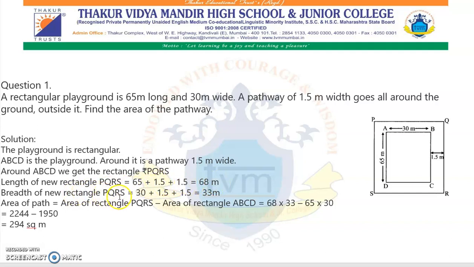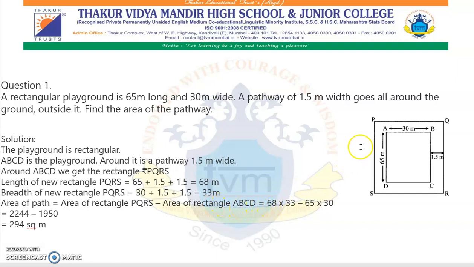Same way, breadth of new rectangle equal to 30 plus 1.5 plus 1.5. Same way in the breadth, we have to add the width 1.5 and 1.5. Therefore, area of path equal to area of PQRS minus area of rectangle ABCD.